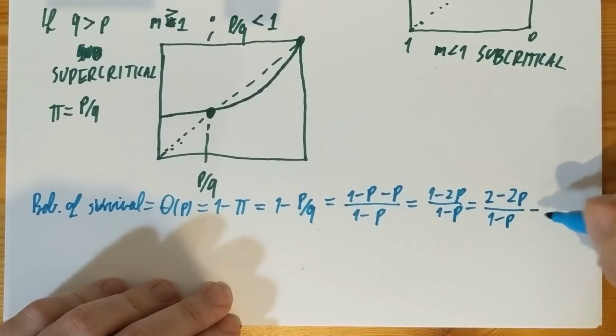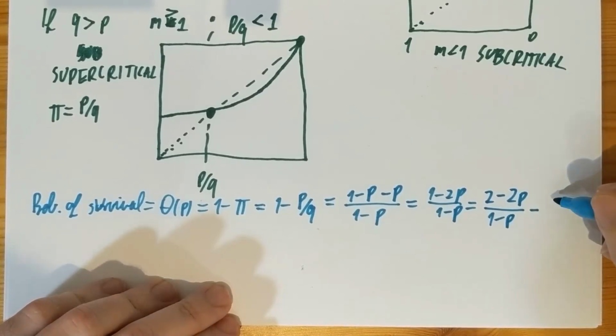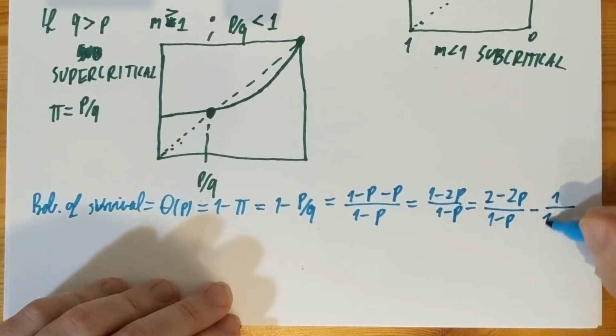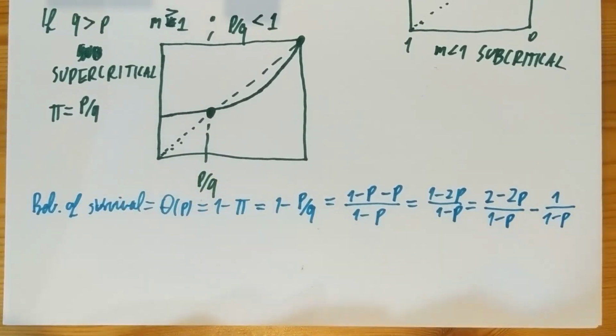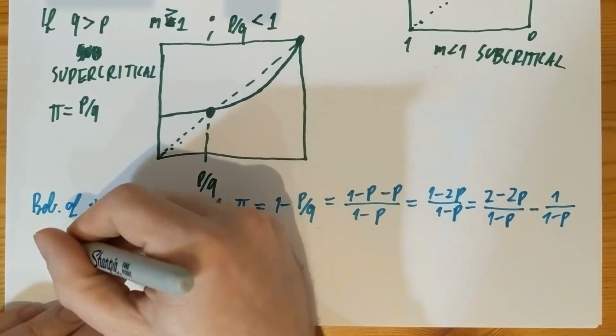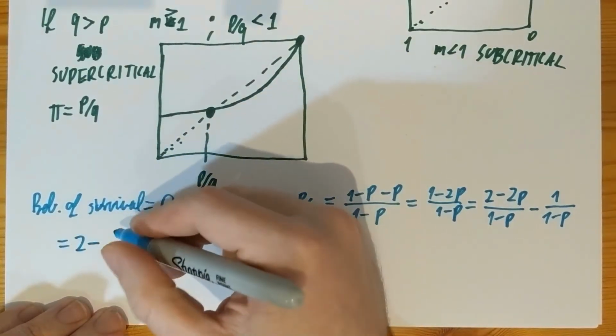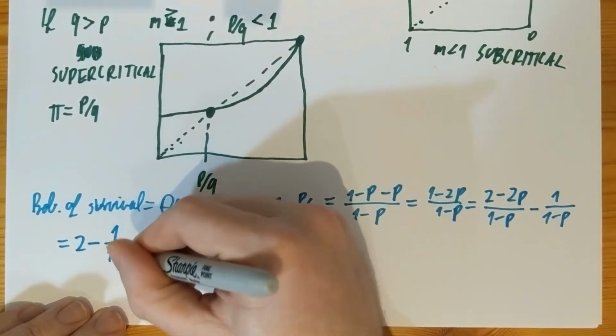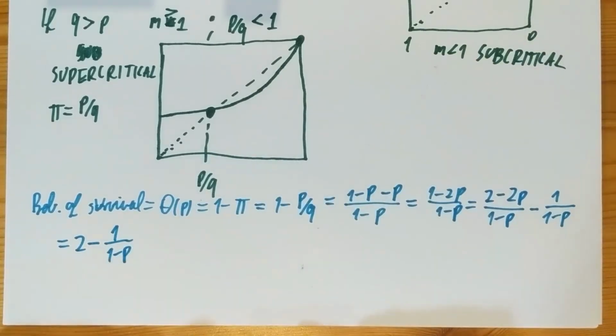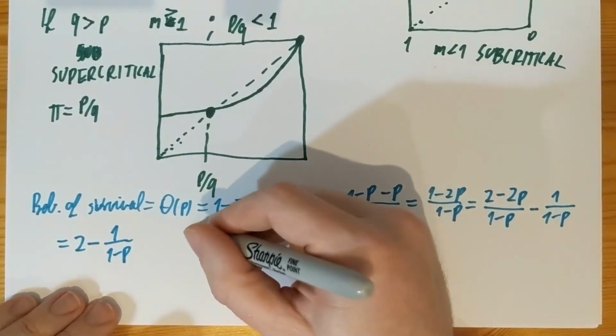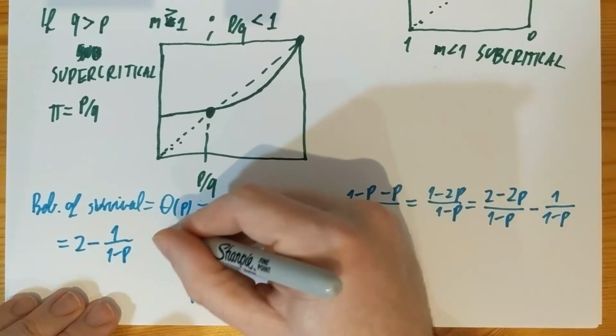So I have to subtract a 1 over 1 minus p, because 2 minus 1 is 1. Okay? And then I can say it's 2 minus 1 over 1 minus p, and that's something I can actually plot. Not very difficult to plot this.